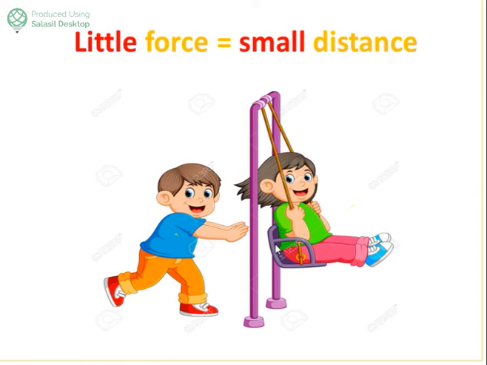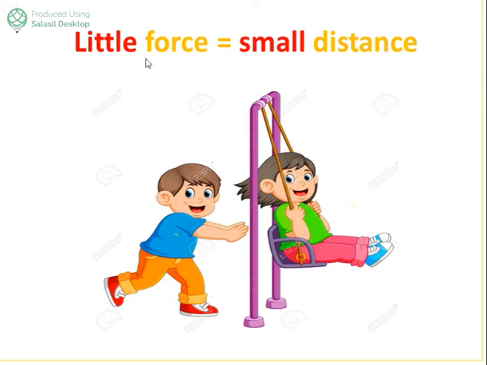In simple language, let's take an example. If that boy is going to push his friend with a little force, his friend is going to move, but in slow motion, or she's going to move slowly. Why? Because he gave her a small force. Now we said before there is a directly proportional relation between the force and the acceleration.